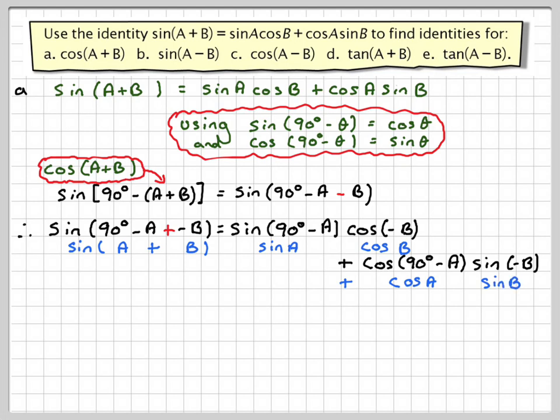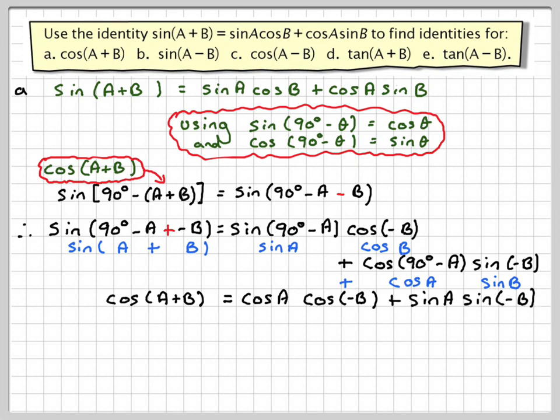So now we get an identity, because all of this is actually cos(A+B), which is going to be cos A, cos of minus B, sine A, sine B. What I've done here is sine of 90 minus A is cos A, and the same here: cos of 90 minus A is the same as sine A, using that identity.